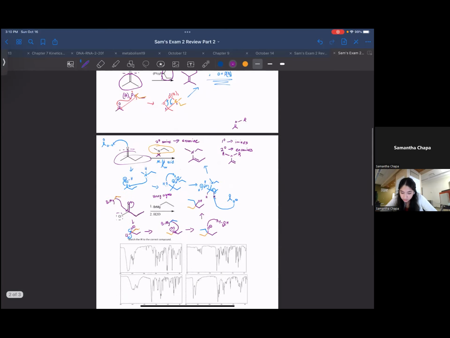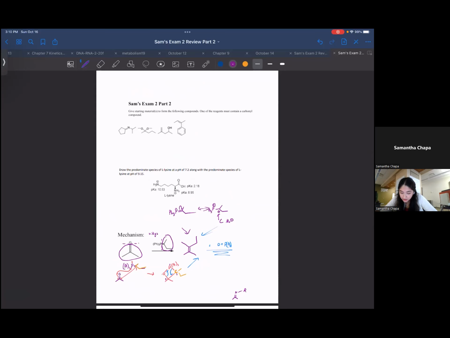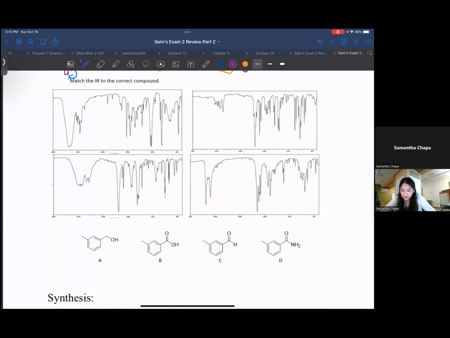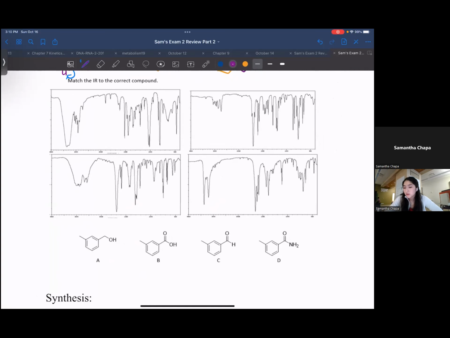I think I'll do the IR next. For the IRs, you're not going to need to remember a lot of them because a lot of the things that we are going to see on these are the common, the obvious IRs. So we know a big broad peak is going to be our OH group, right?